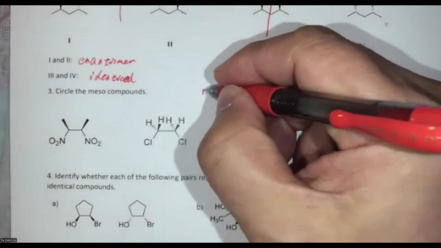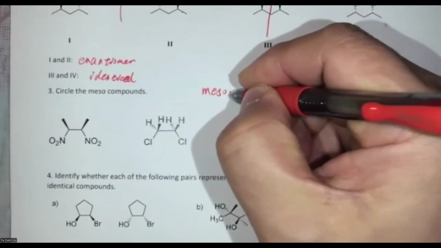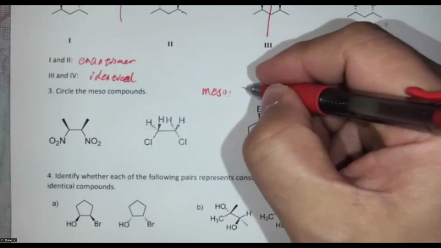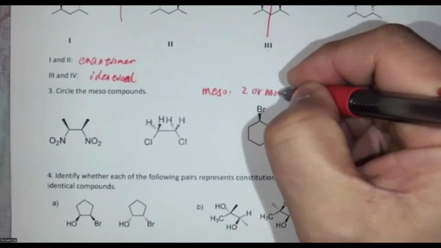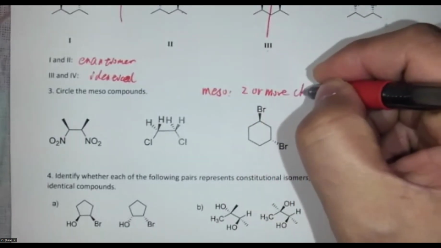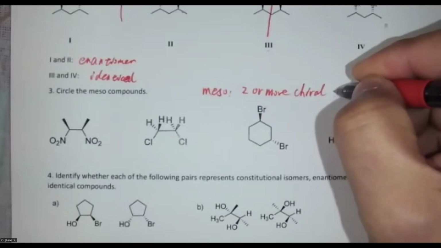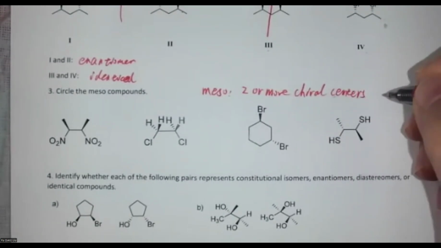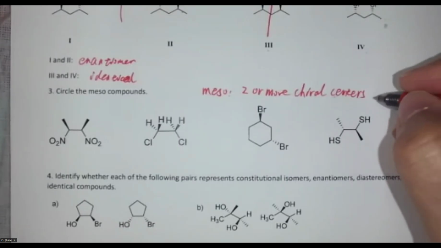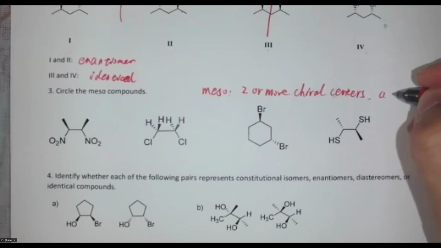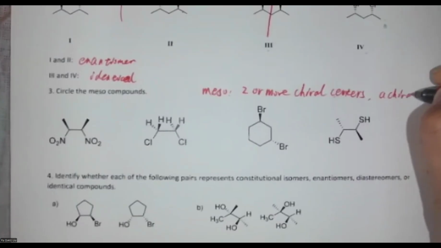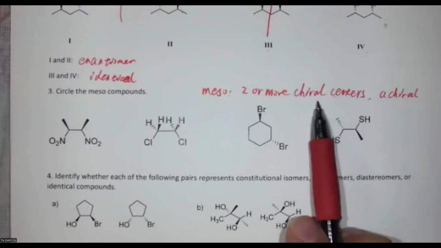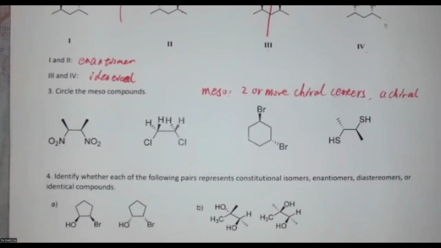Please keep in mind that a meso compound first has multiple stereocenters, two or more chiral centers, and second, the whole molecule is achiral. As long as a molecule meets these two conditions, it is a meso compound.